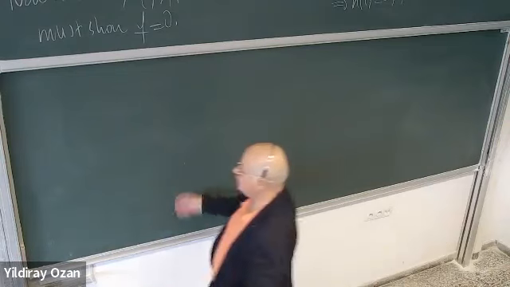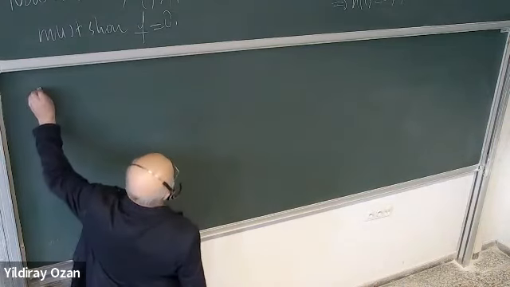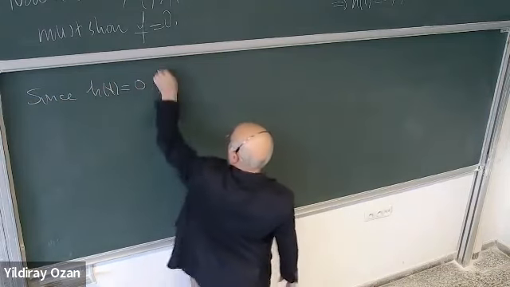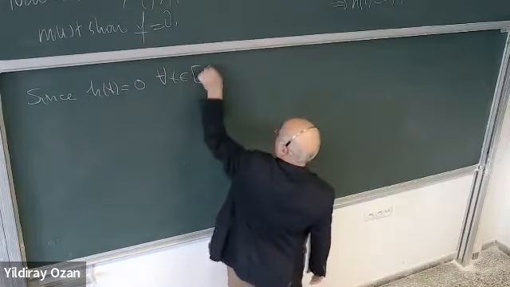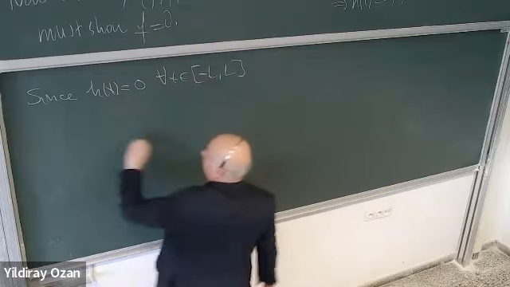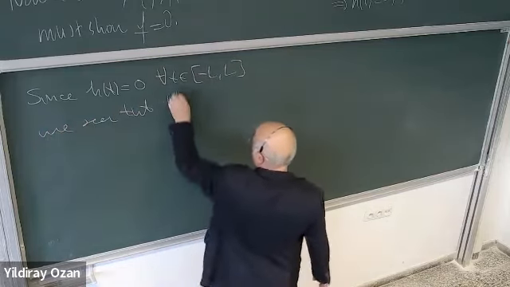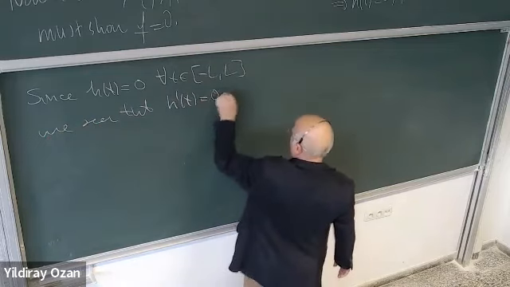Since h of t is 0 for all t in minus L to L, we see that h prime t is 0 for all t.